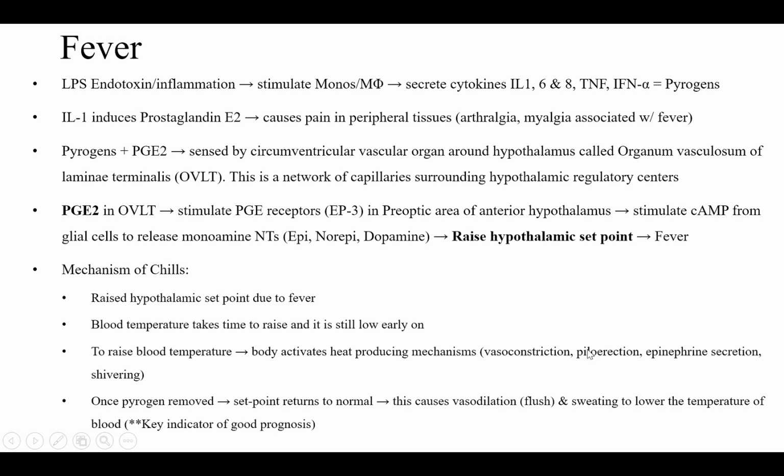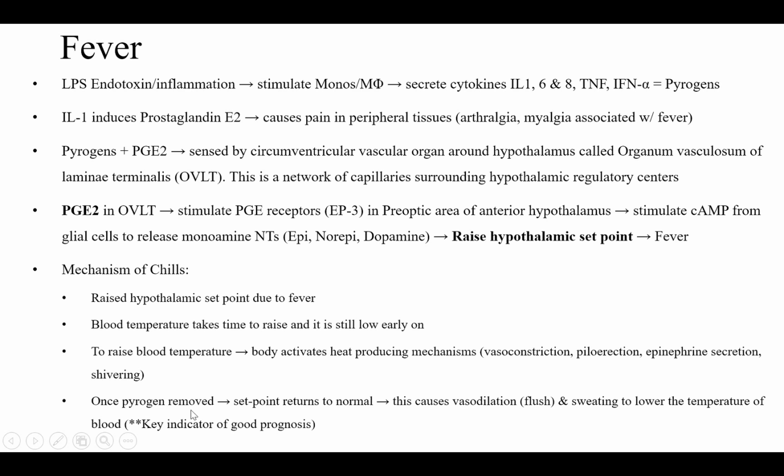These are the mechanisms by which the body can produce heat, and we have already talked about in detail how these mechanisms occur. The increase in blood temperature can also help fight bacteria and viruses, since their enzymes may not work properly at a higher temperature, and that's how the body fights off bacteria and viruses.